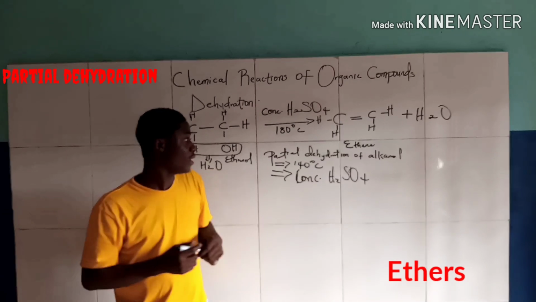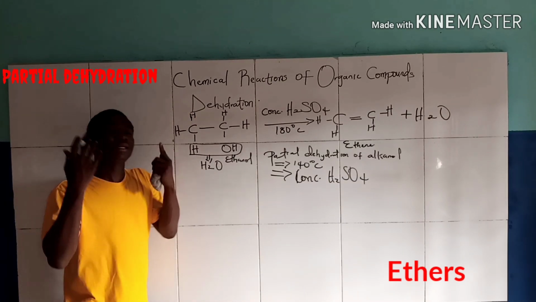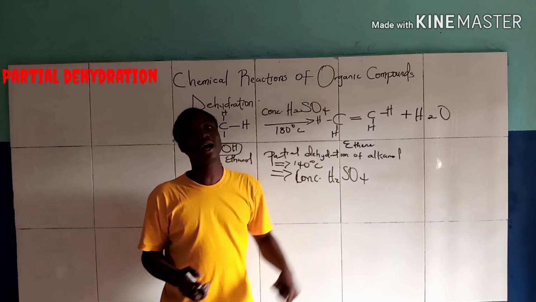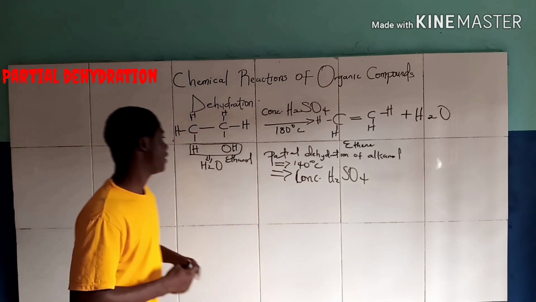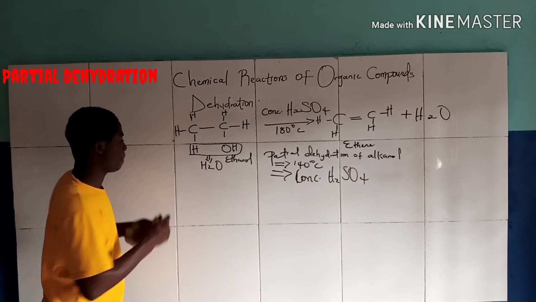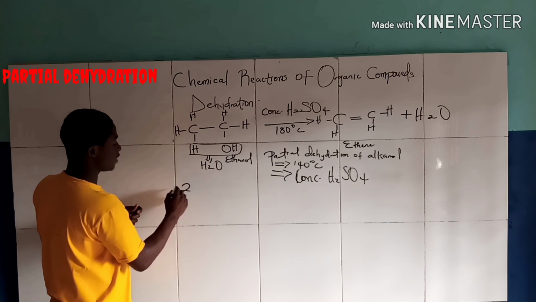ethers. For example, partial dehydration of alkanols deals with 2 moles of that alkanol. So this is what I mean. For example, we are still using ethanol, so we just say 2 moles of ethanol.